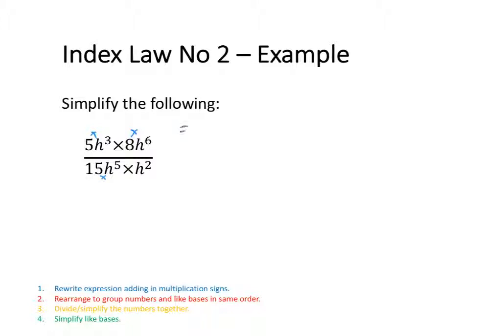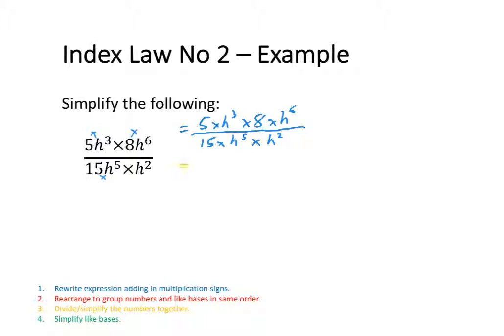That is going to equal 5 times h to the power of 3 times 8 times h to the power of 6, and in my denominator, 15 times h to the power of 5 times h to the power of 2.